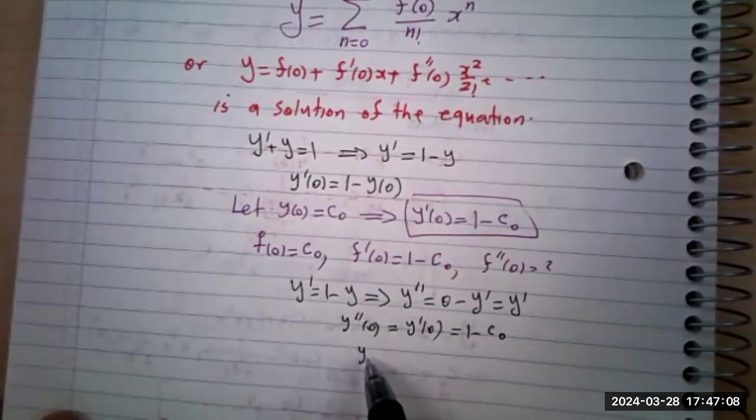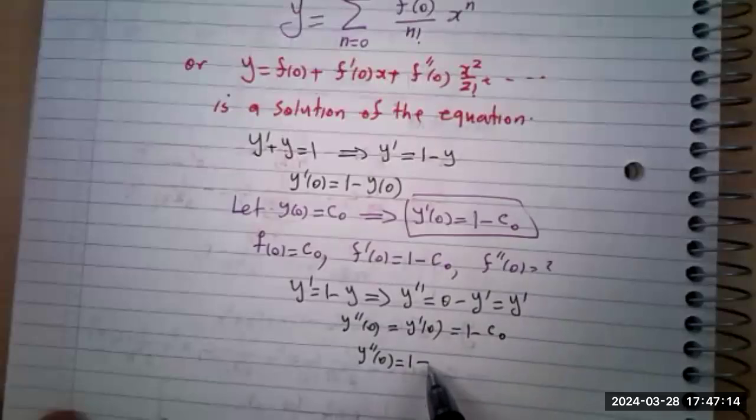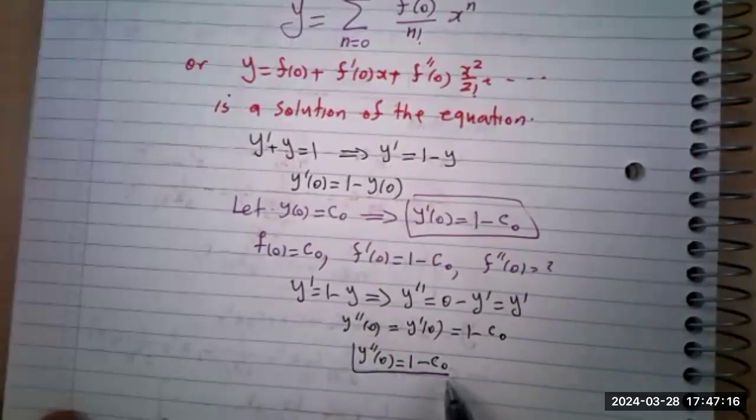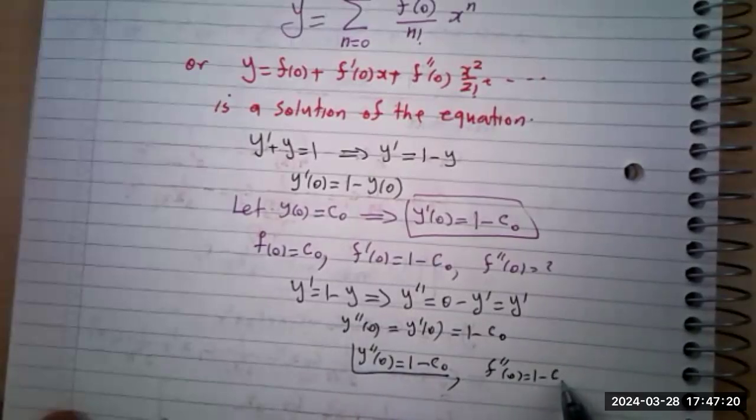So y double prime of 0 again would be 1 minus c naught. So this means f double prime of 0 is 1 minus c naught.